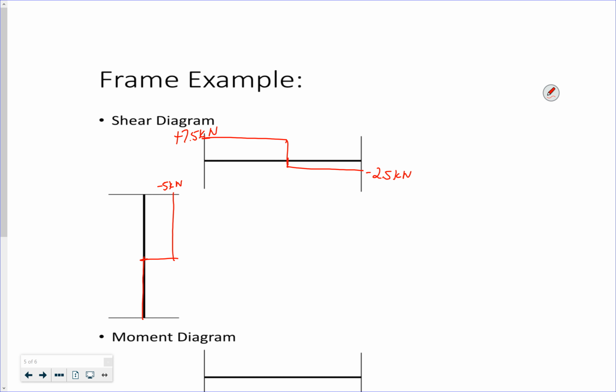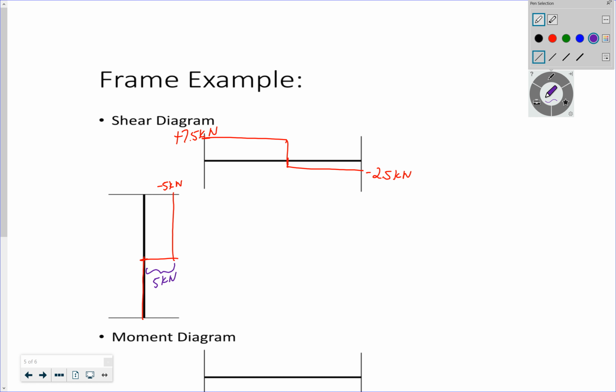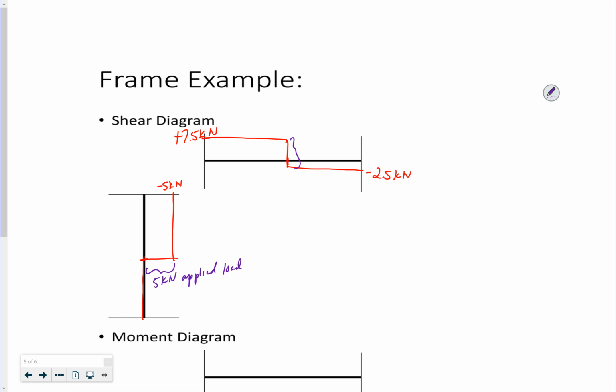Remember, notice the difference here is your 5 kilonewton applied load. The difference here is your 10 kilonewton applied concentrated force.